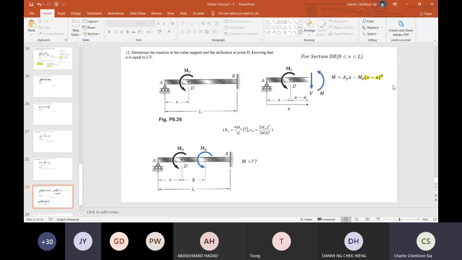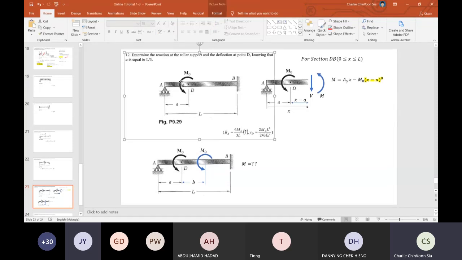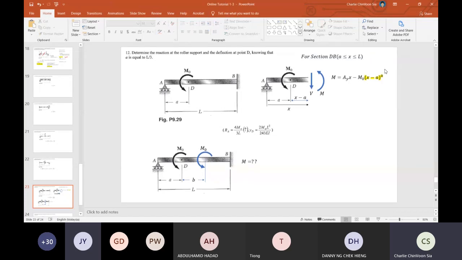So why do we have this x minus a? Because if you look at this diagram, the moment is at point D. If we cut a section in between BD, from A to L, this is the free body diagram.